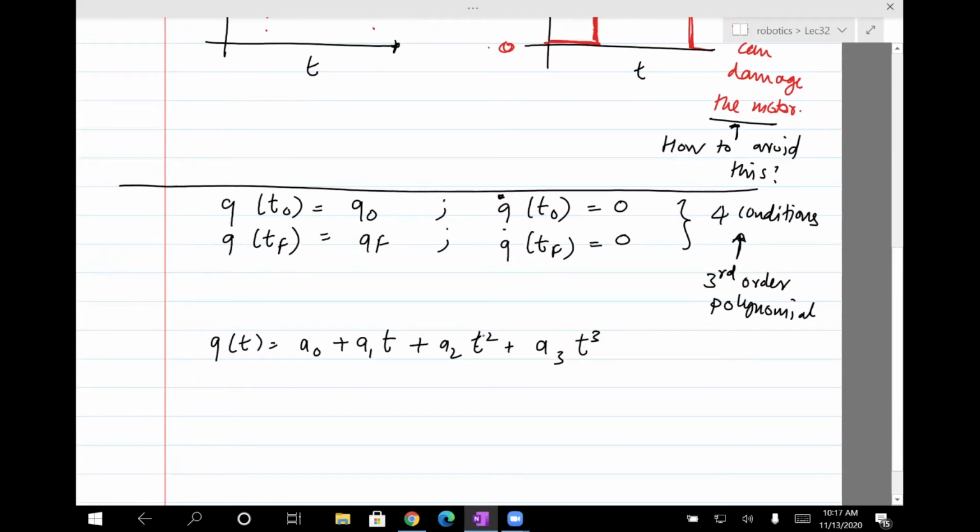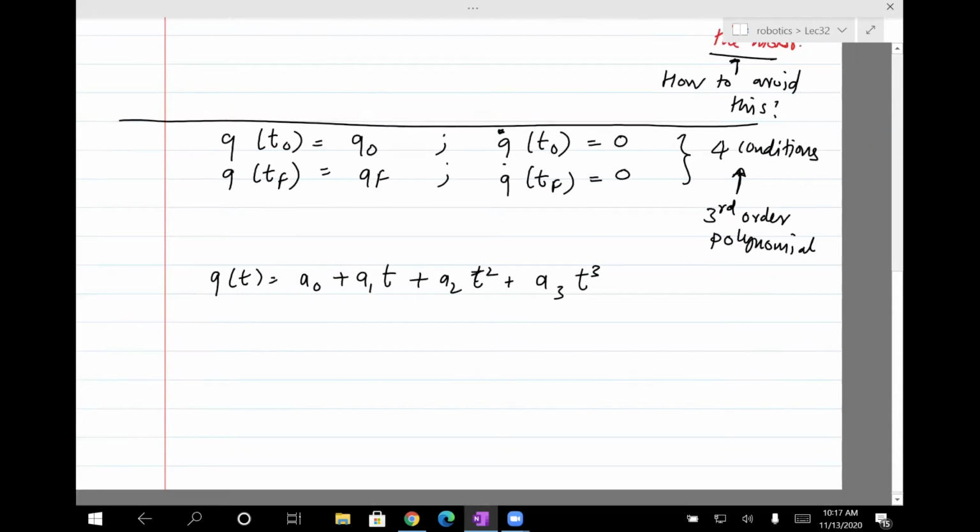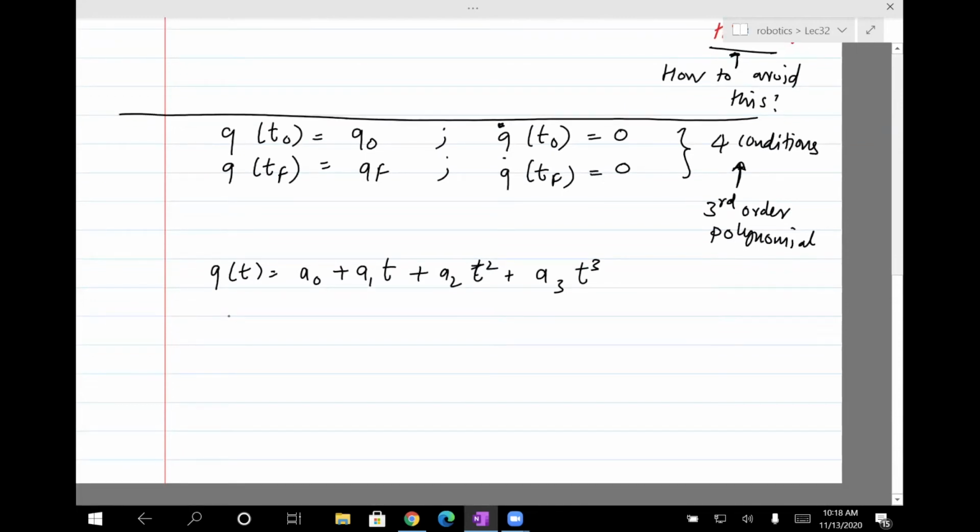And you can see that it has four constants: a0, a1, a2, and a3. Next, we basically sub in these values of q and q dot of t. So let's write q dot first. Q dot of t is a1 plus 2a2t plus 3a3t square.